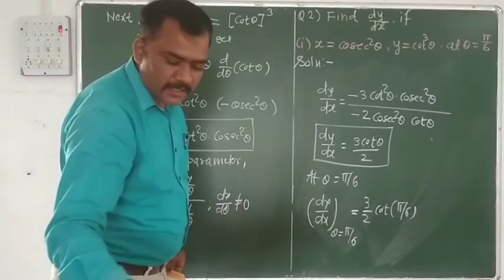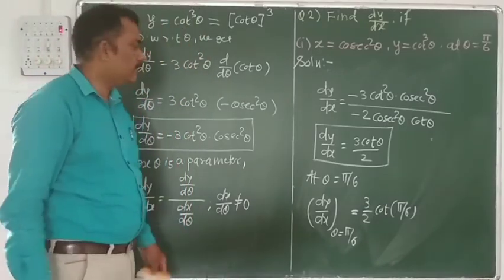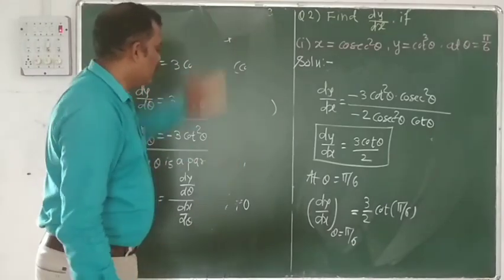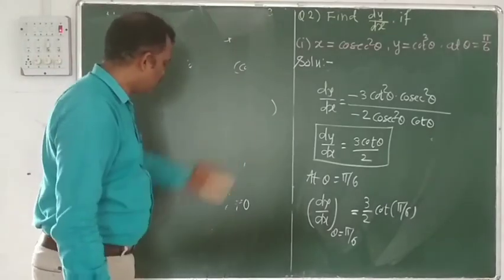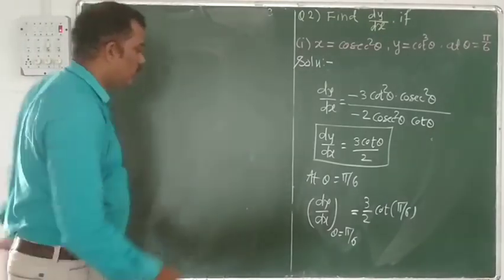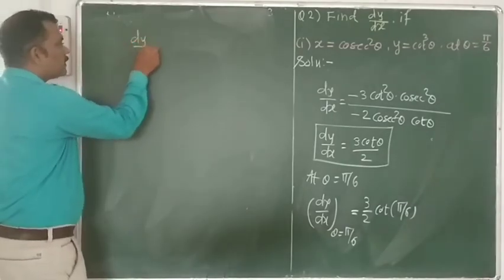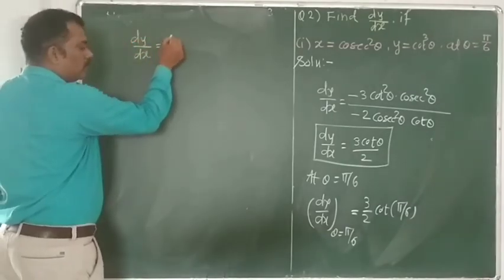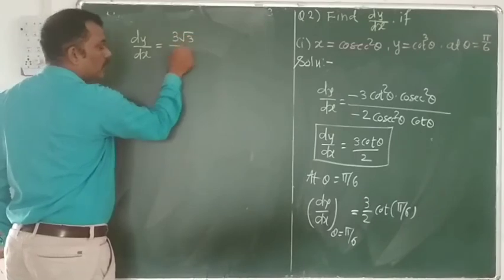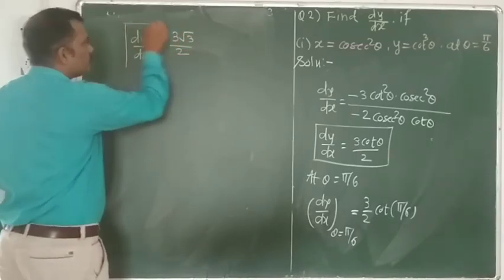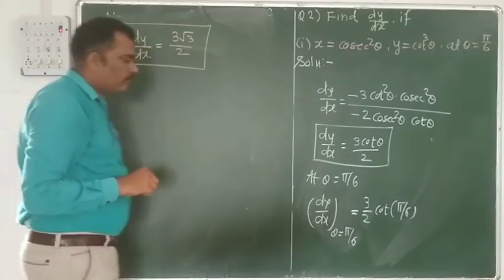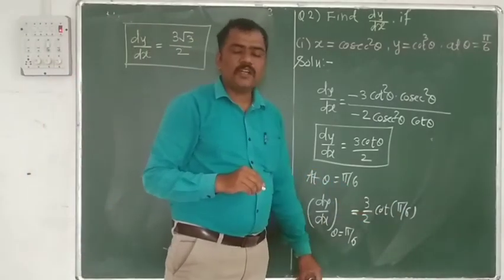Cot 30 degree is nothing but root 3. So that we get dy by dx is equal to 3 into root 3 divided by 2.